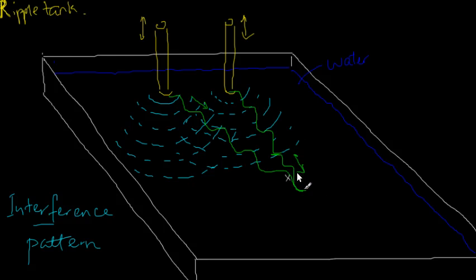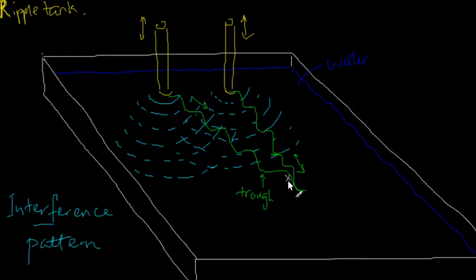Which means that after a short time, it will be the trough, the bottom here, T-R-O-U-G-H, that would arrive at this point, and likewise the trough from the other wave would arrive at this point. So when the trough meets the trough, I have two downwards displacements meeting each other here. So that would give an even bigger downward displacement.